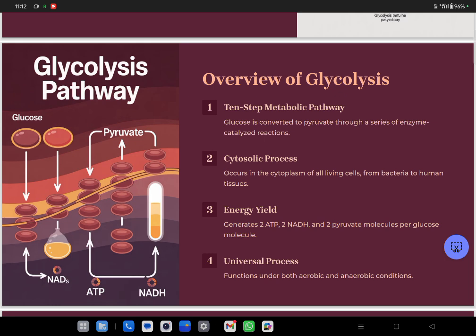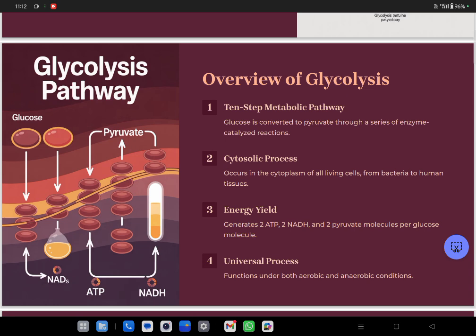All the enzymes needed for glycolysis are present in the cytoplasm of the cell, and you get 2 ATP molecules produced in the end, net 2 ATP molecules, 2 NADH and 2 pyruvate molecules per glucose molecule.